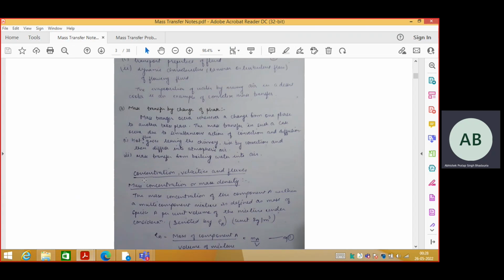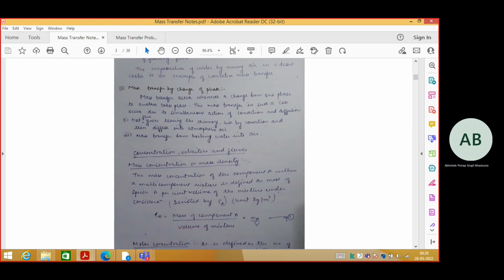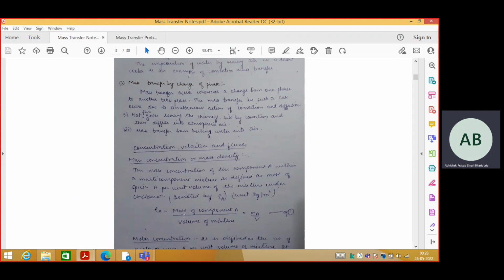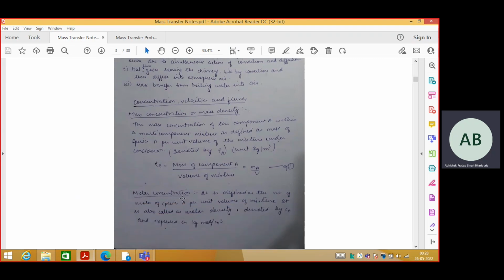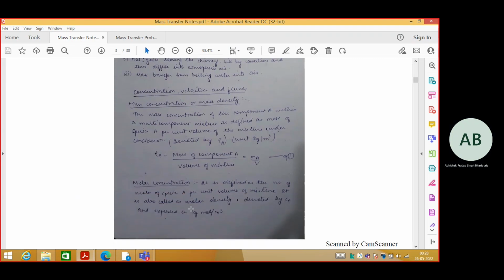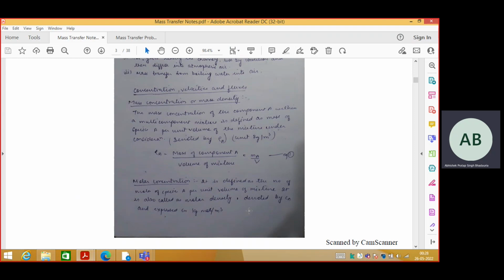Now the important terminology: the concentration, velocities and the fluxes. This is the mass concentration or mass density, the mass of component A divided by the volume of the mixture. The molar concentration is the number of moles of species A per unit volume of the mixture, also known as molar density.